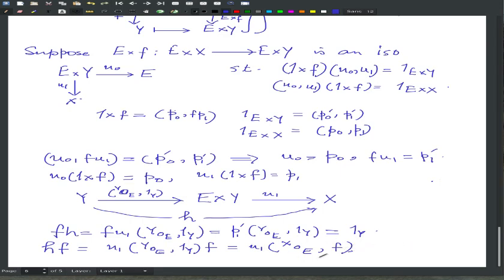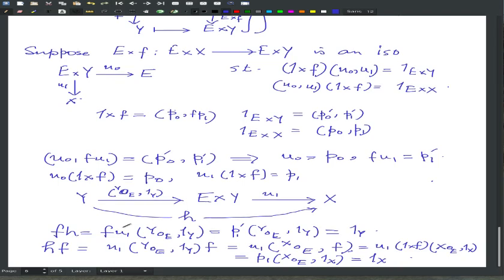Okay, now what is this map? This I can write as U1, 1 cross F, times 1x, but U1, 1 cross F is P1. So this becomes 1x. So F becomes an isomorphism also.